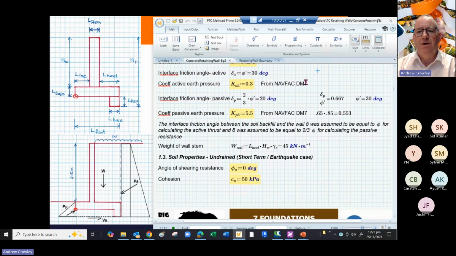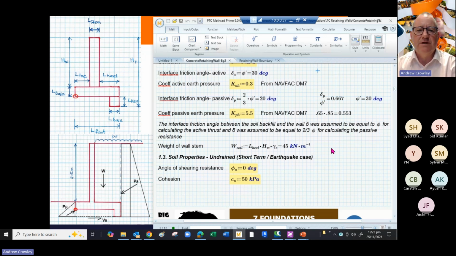And from that very old graph, the NAVFAC graph that's provided in the example, you take the coefficient of active earth pressure, KAH, as 0.3, and the coefficient of passive earth pressure as 5.5. The 5.5 derives from the figure 0.65 multiplied by the 0.85. That's the fiddle factor you'll find in the table next to the graph.